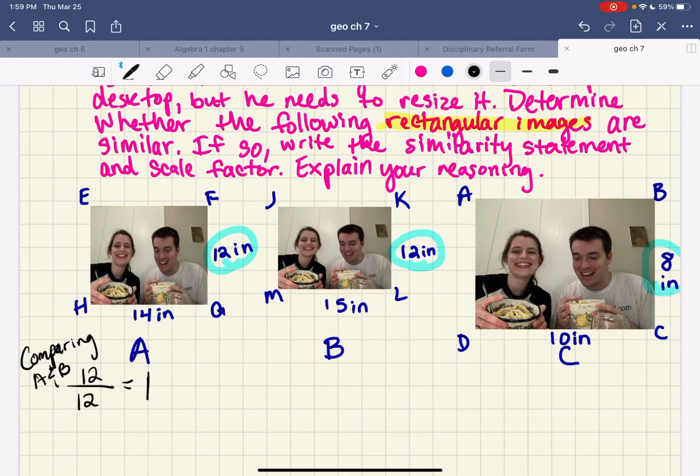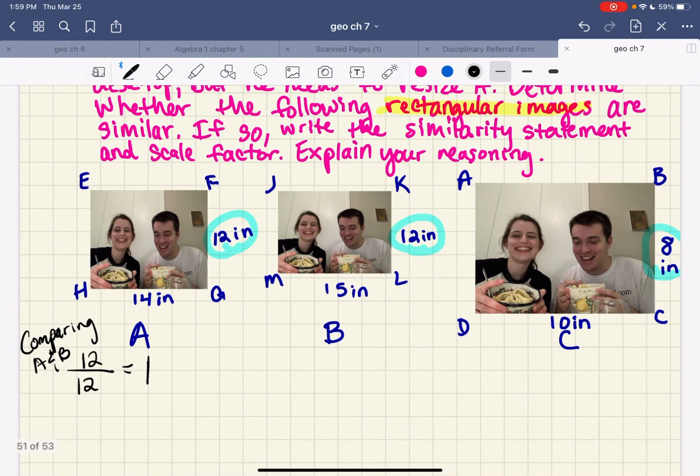So I'm saying 12 over 12 has to be equal to something. So 12 over 12 is 1. This is comparing A and B. And then I want to check and see if it is the same for 14 over 15. Which, of course, it's not. It's going to simplify to 14 over 15. So A and B are not similar to each other.